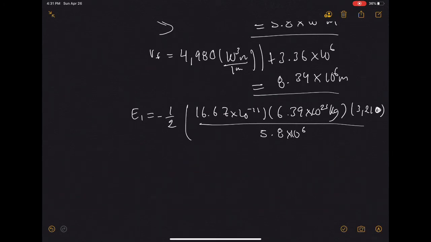And that's gonna give us negative 1.179 times 10 to the 10 joules.